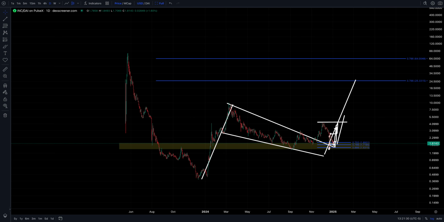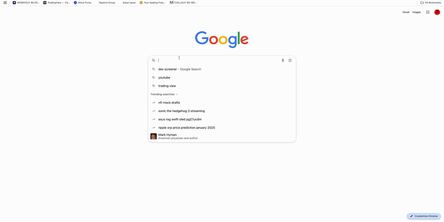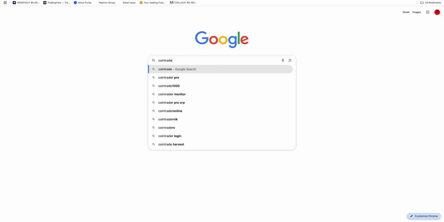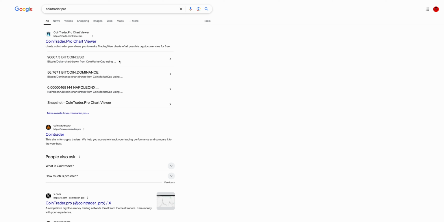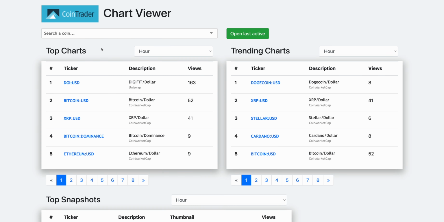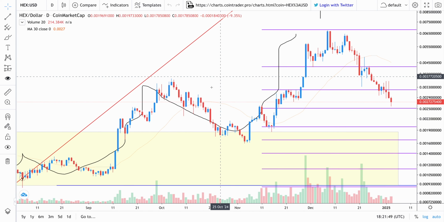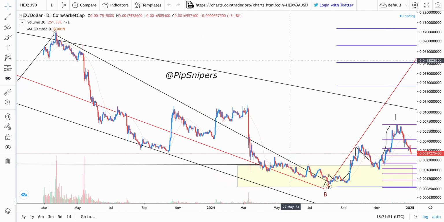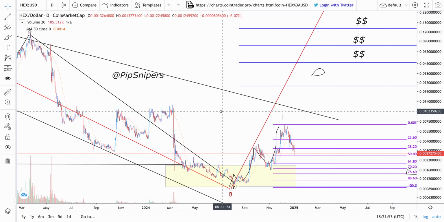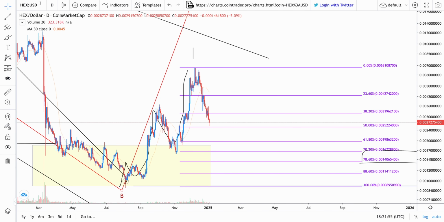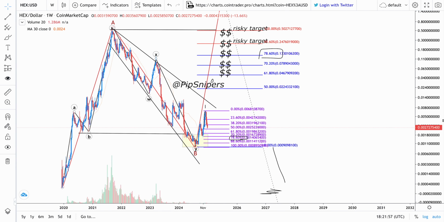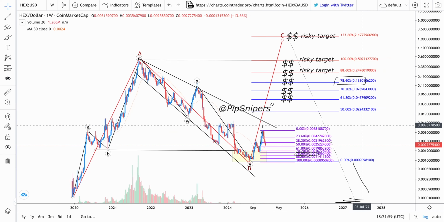Let's take a look here at E-HEX. Okay, so E-HEX, if we take a look here at the weekly time frame, this is what I think.